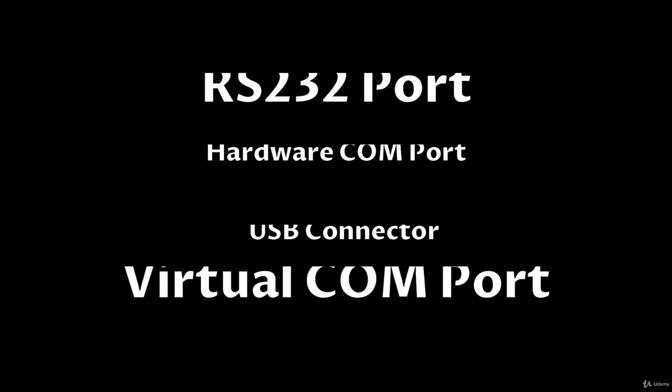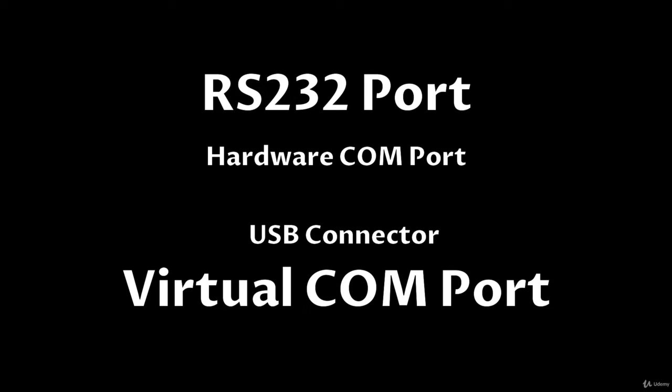When RS232 connectors were there, the PC had a particular communication port allocated to that RS232 connector. But nowadays, when RS232 is not there, the USB ports are allocated a virtual communication port.